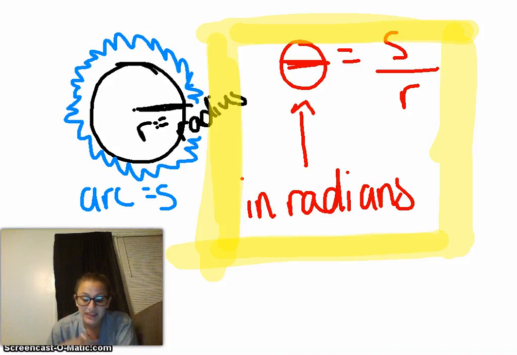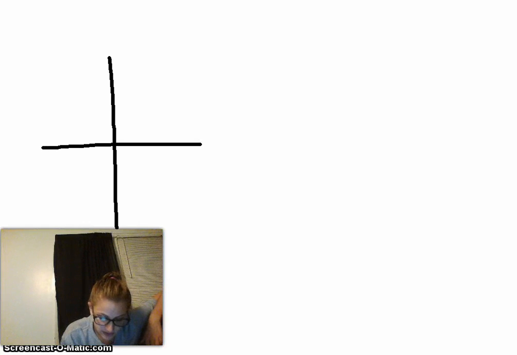But the other thing is that we can actually take this a step further. One more step. Because you guys have actually learned things about arc length already. And in the past we haven't really called it arc length. We've called it circumference. So, for example, how about we take the unit circle?